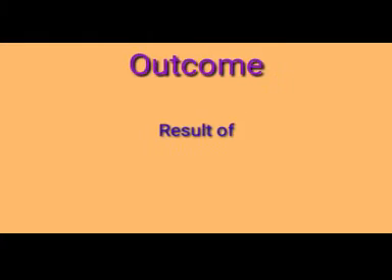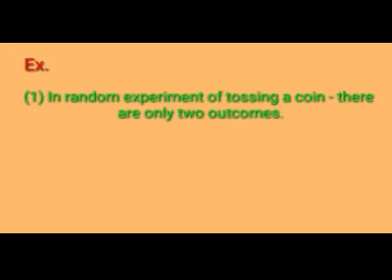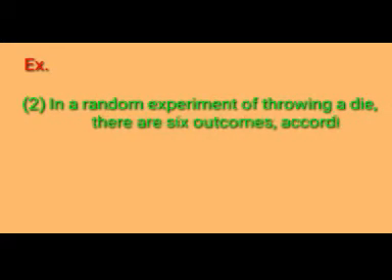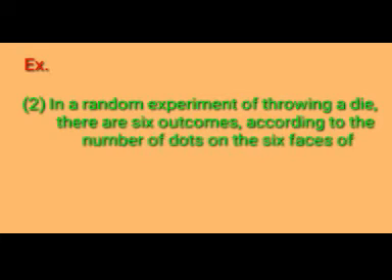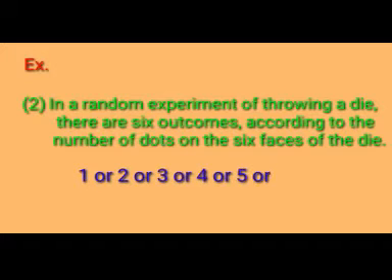Outcome. The result of a random experiment is known as an outcome. For example, in a random experiment of tossing a coin, there are only two outcomes, heads or tails. In a random experiment of throwing a die, there are 6 outcomes according to the number of dots on the 6 faces of the die, that is 1 or 2 or 3 or 4 or 5 or 6.